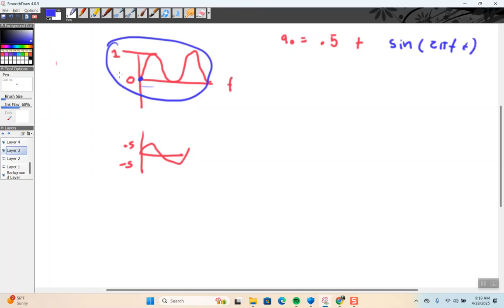I have one sine wave, and the amplitude is 0.5, right?